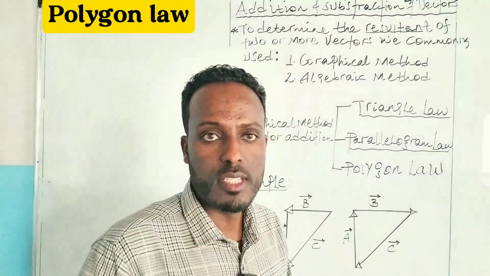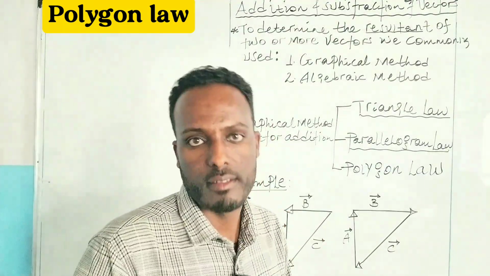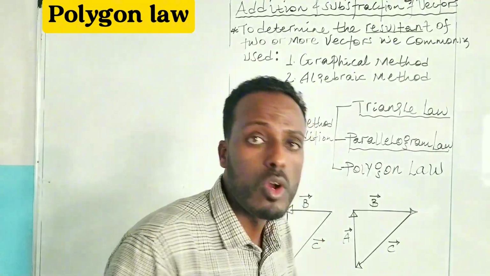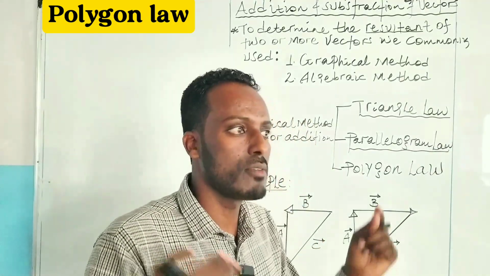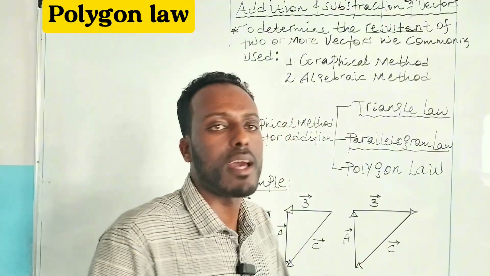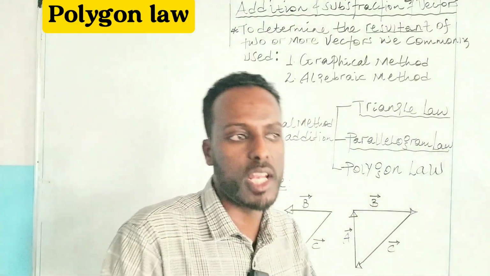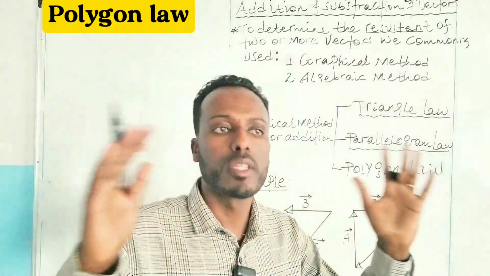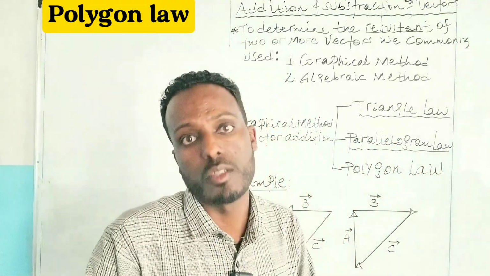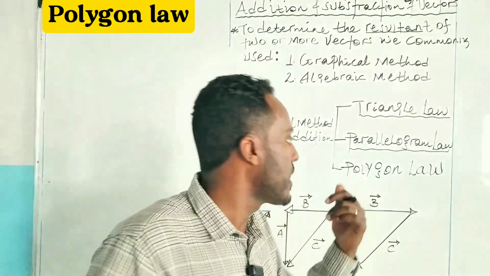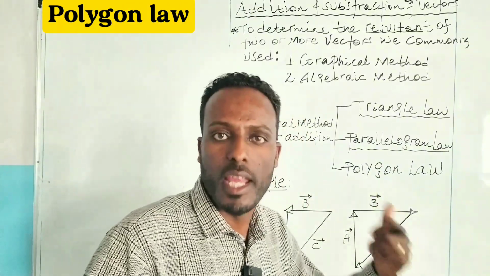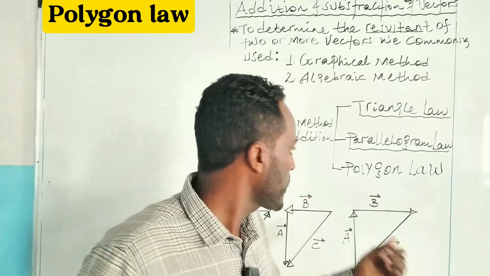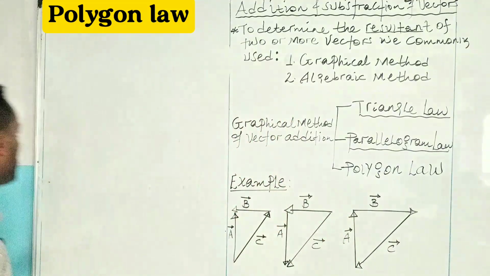In addition to this, if you end where you started, all the vectors cancel out with each other and there is no resultant vector. So if we connect vectors head to tail and there is no gap between the start of the first vector and the end of the last vector, all the vectors cancel each other, which means that there is no resultant vector acting in a given system or in a given free body diagram.